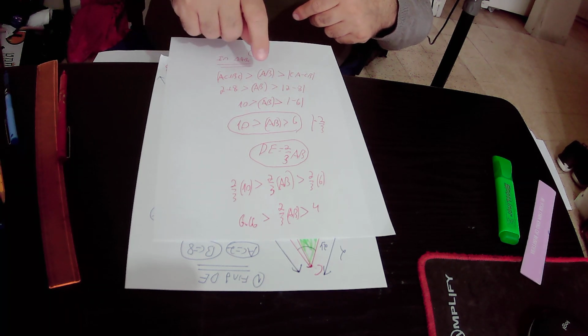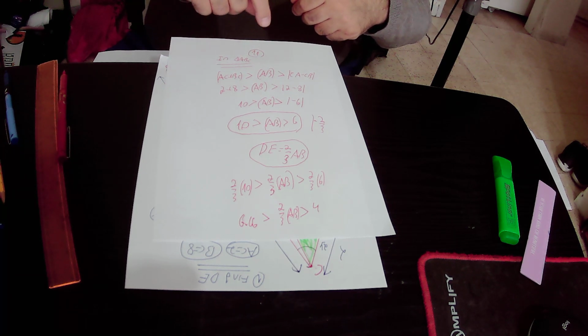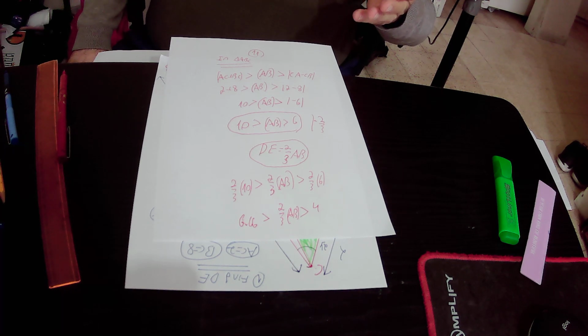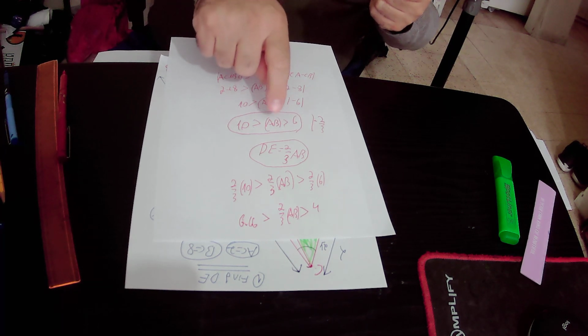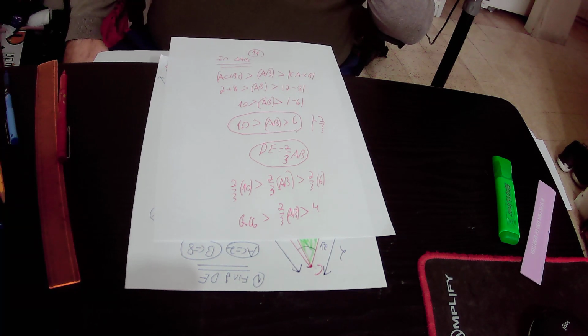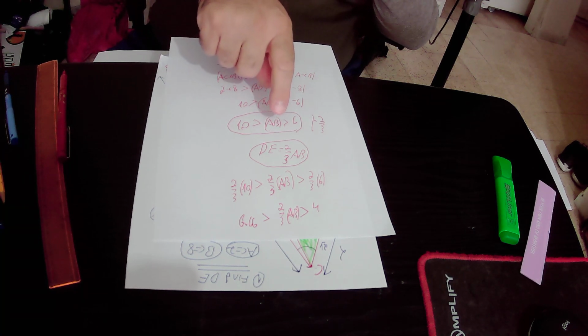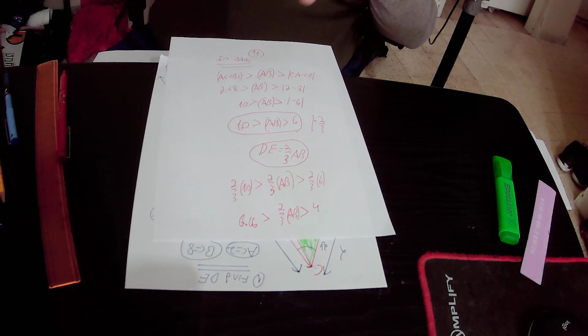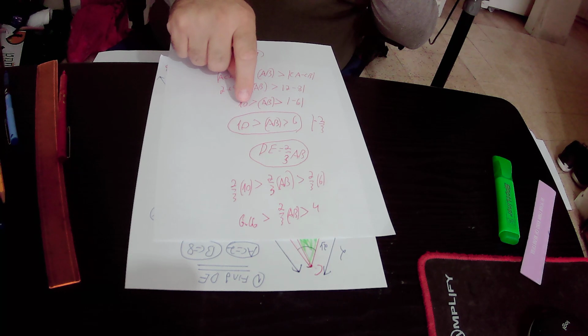We multiply this inequality by 2/3, because we have already found out that DE equals 2/3 AB. Here we multiplied this inequality by 2/3.